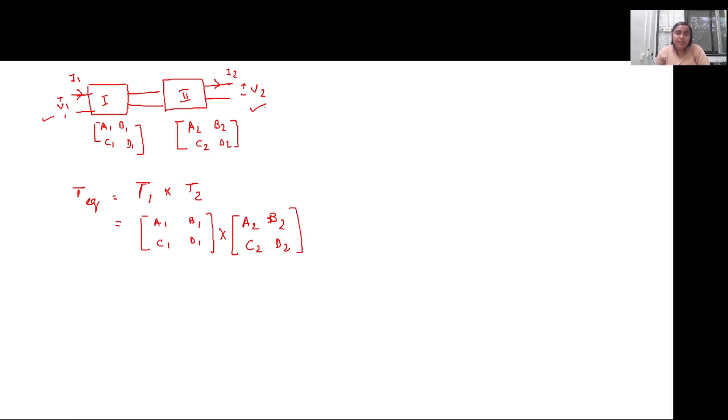Now apart from this cascade connection, there may be other connections, such as the series connection. In case of series connection of a two-port network, this is network 1 and this is network 2.